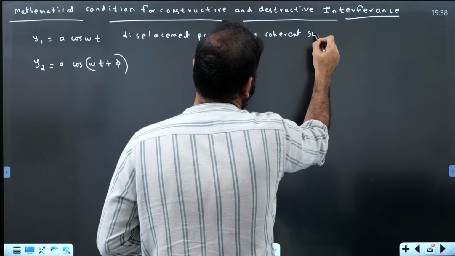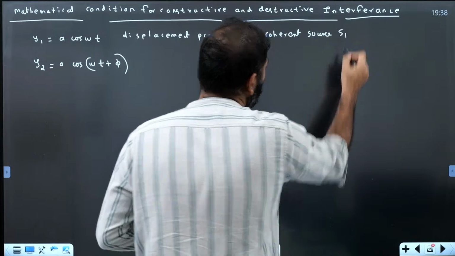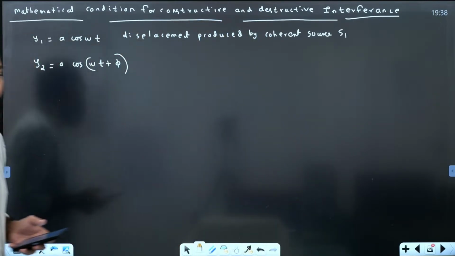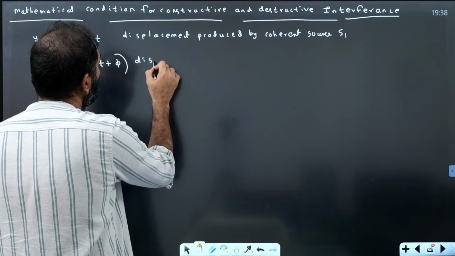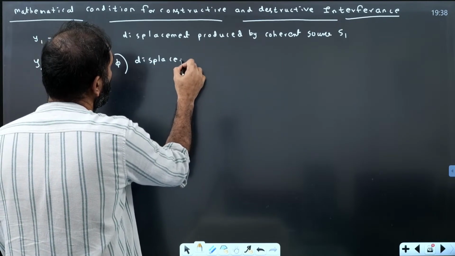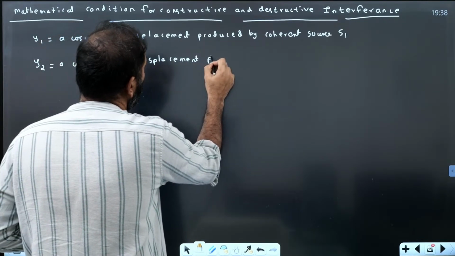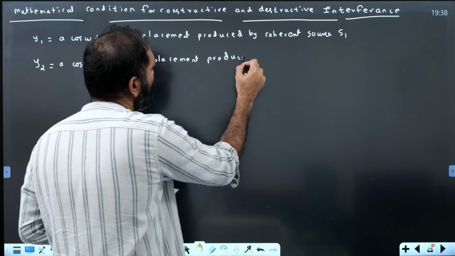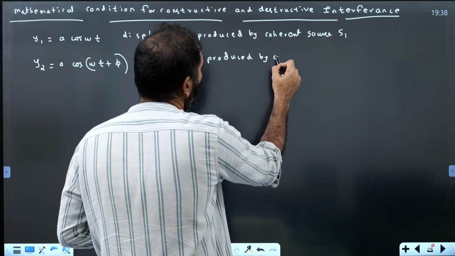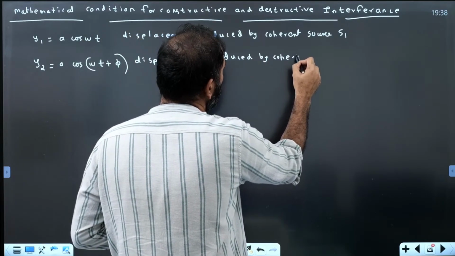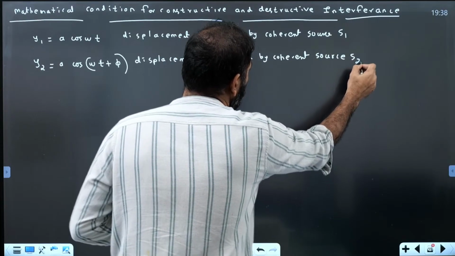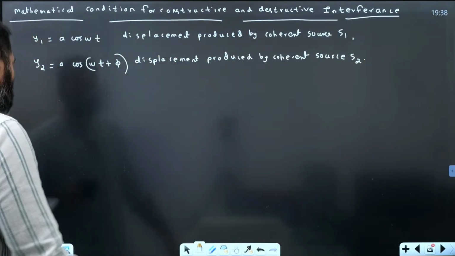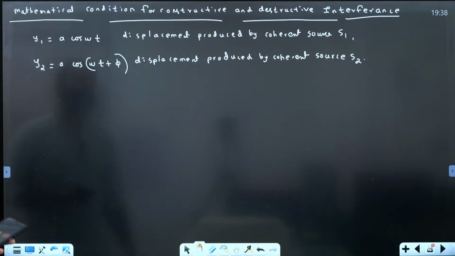I hope you know the original figure of the coherent sources. What is y2? Displacement produced by coherent source S2.